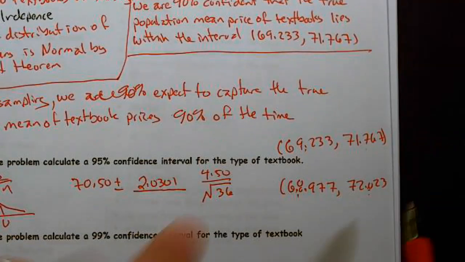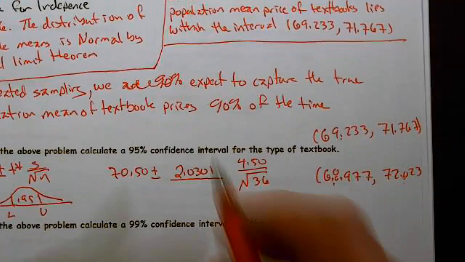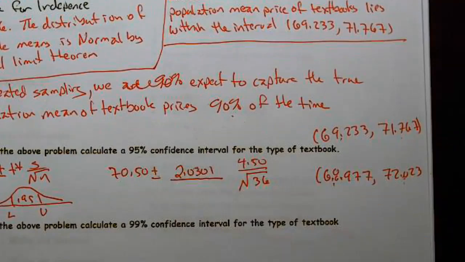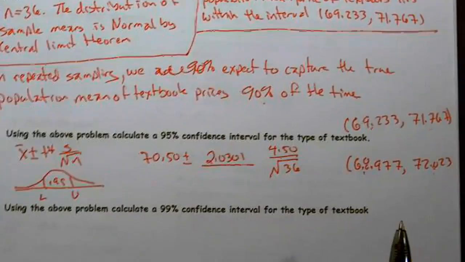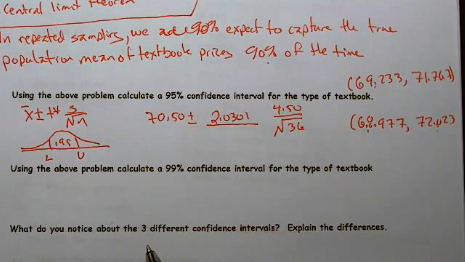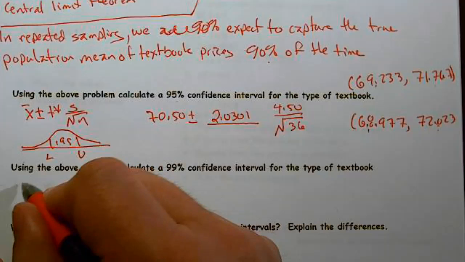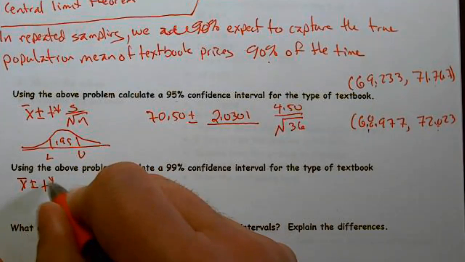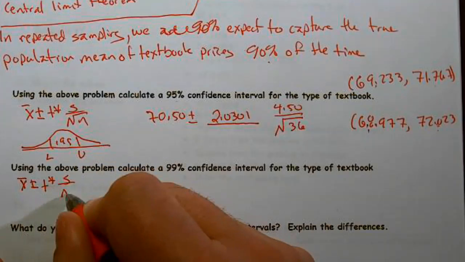So we got a little bit wider. Why? Because we went from 90% here to 95%. So as we increase our confidence level, our interval gets wider, if we have everything else remain the same. Then we have x bar plus or minus t star s divided by square root of n.